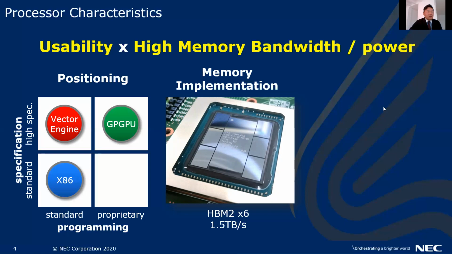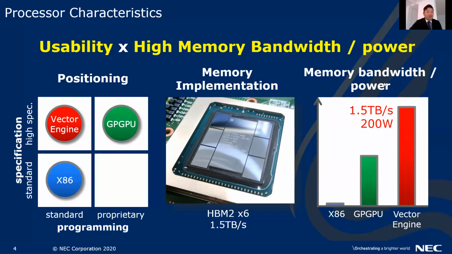And then memory bandwidth per power consumption. Compared to x86 and GPGPU, our Aurora architecture provides the highest memory bandwidth per power consumption, as this figure shows.